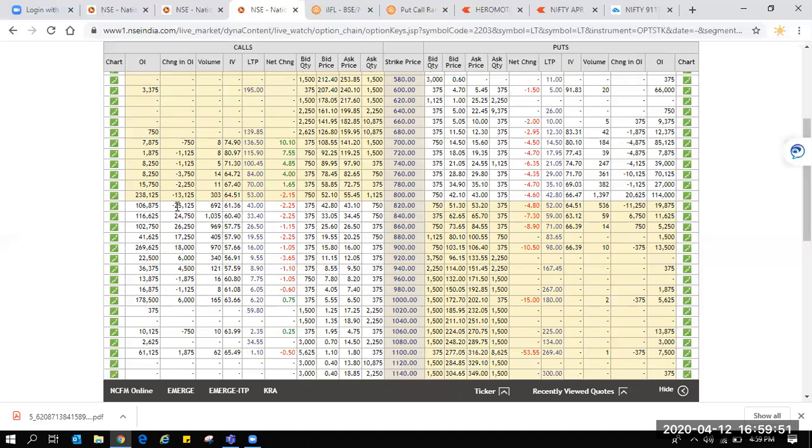So that is the power of options at times. Mostly you can see positions being built up at the higher strikes, that means people are adding positions at the higher level, expecting the stock to go down. Similarly, people adding at the lower strikes means they're expecting the stock to support at those levels.